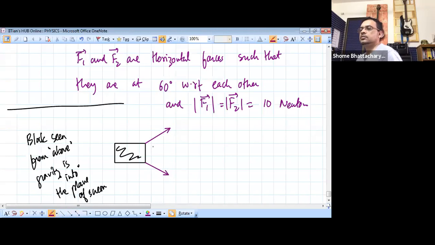Such that, see that, 30 degrees to this. Understood? Both the forces are horizontal, but they are not along the same axis. In the horizontal plane, they are along different axes.